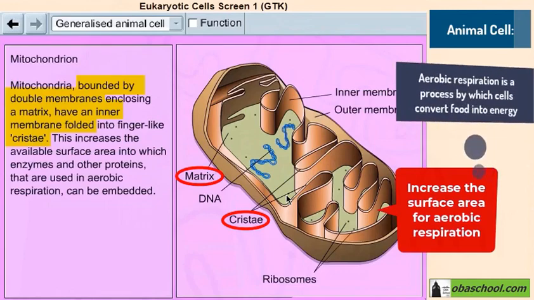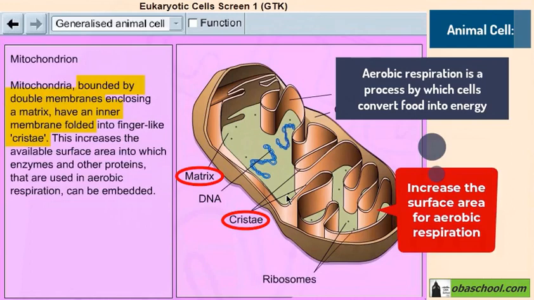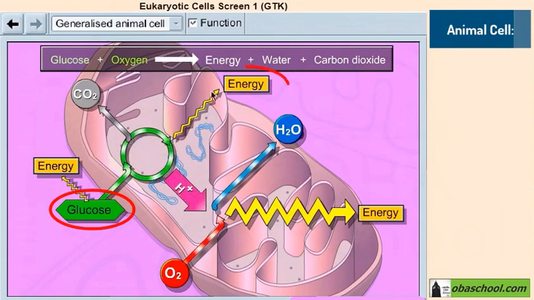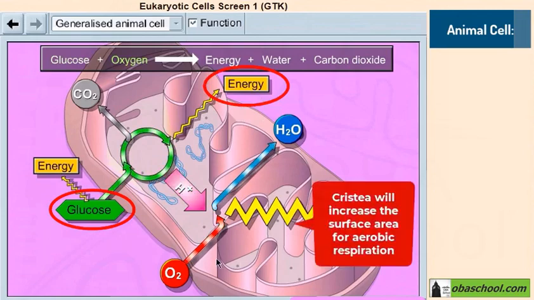We all know that aerobic respiration is a process by which cells convert food into energy. So the mitochondria would take the glucose, which is considered here the food of the cell, and convert it into energy, and the cristae will increase the surface area for aerobic respiration to take place.